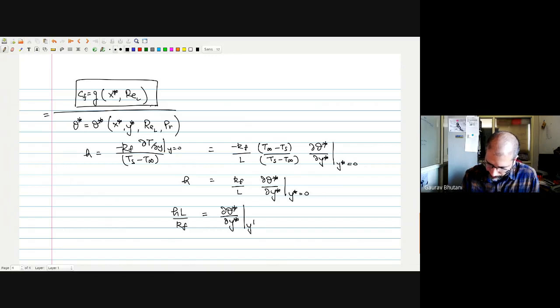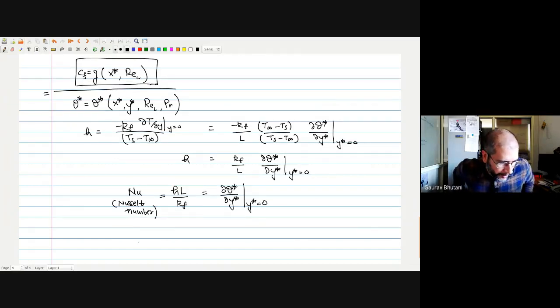In fact, this hL by kf is the temperature gradient in the non-dimensionalized parameters at the surface. And this has a name. We call it the Nusselt number. Okay, the last t is silent here. So this is the Nusselt number.